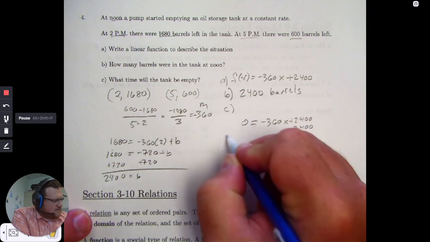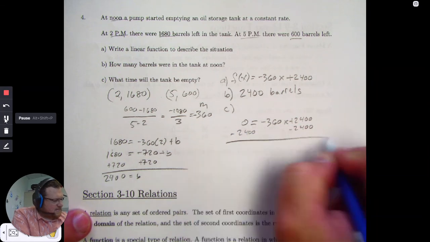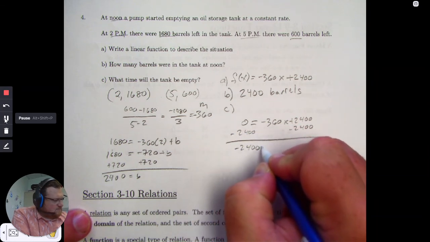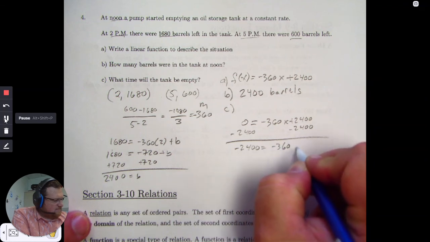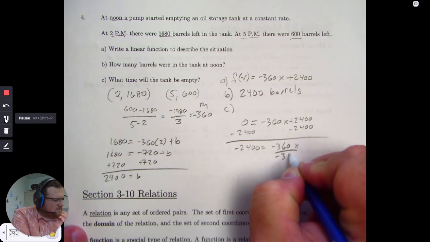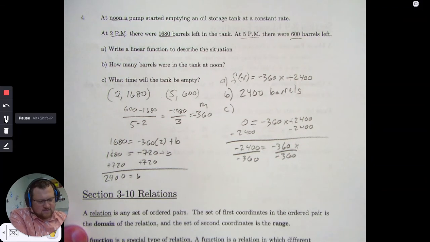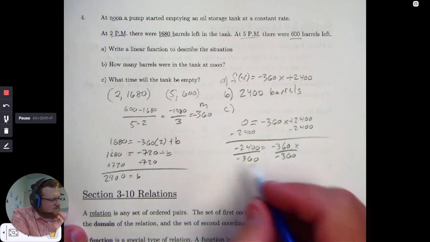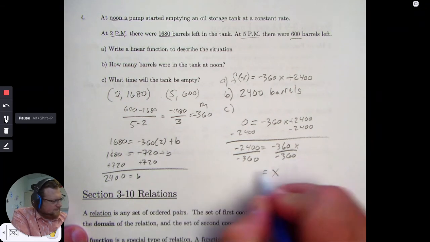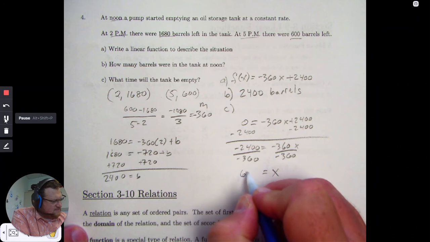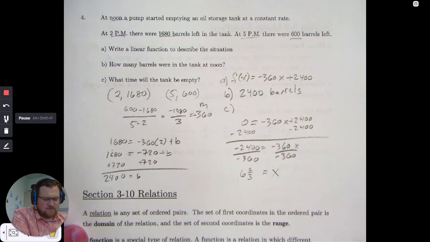If we subtract 2,400 from both sides, we get negative 2,400 equals negative 360x. So we divide both sides by negative 360. So 2,400 divided by 360 gives me 6 2/3.